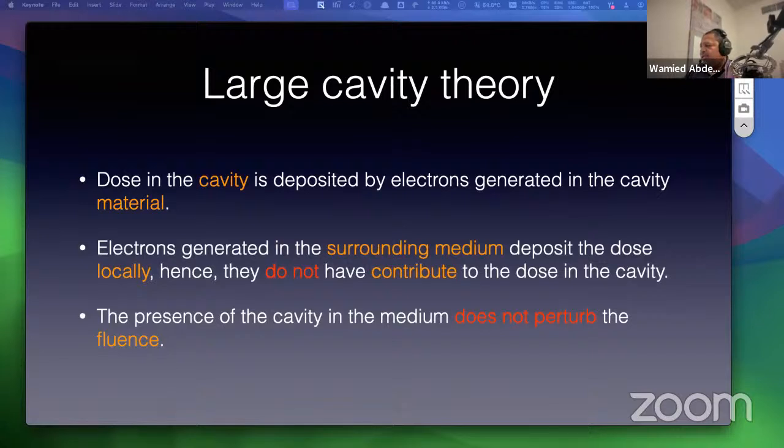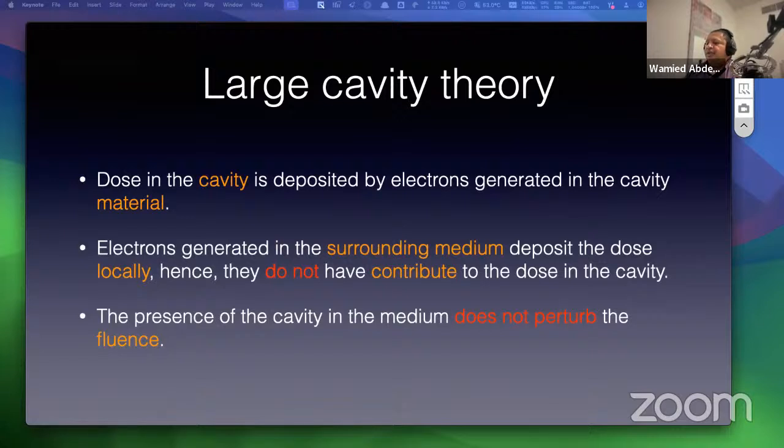So essentially, this large cavity theory applies to photons, because we can have a photon that can actually avoid interaction in a medium, but then it will interact in the cavity. It will generate electrons, transferring energy to electrons within the cavity.